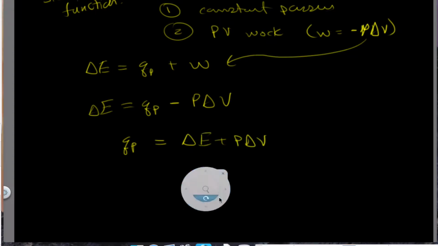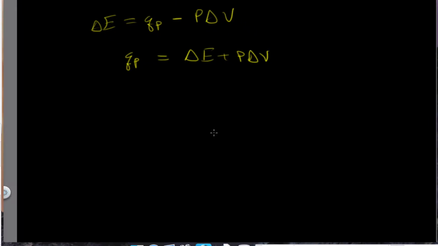Okay. Now what we're going to do is relate the Q_P to the change in enthalpy. Remember the definition of enthalpy was H is equal to E plus PV. Therefore, we can say that the change in H is equal to the change in E plus the change in PV.